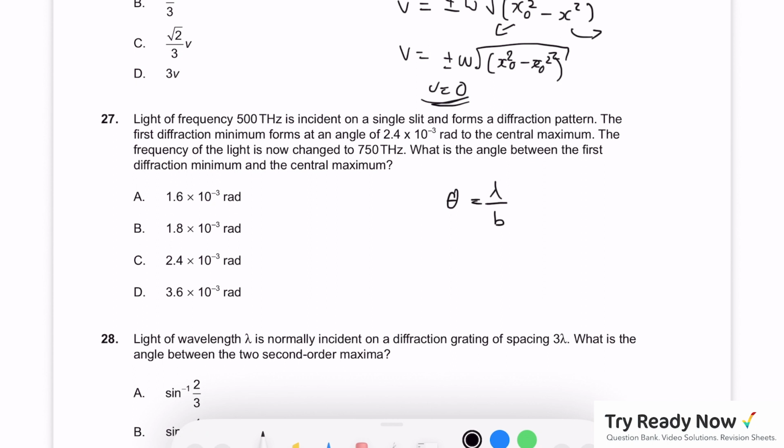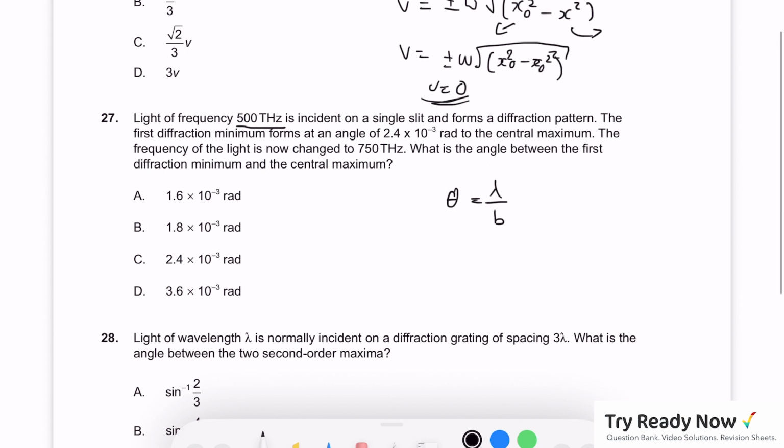Question 27 is a single slit diffraction question. Initially, light with frequency 500 terahertz is incident on a single slit, and they tell you that the first diffraction forms at an angle of 2.4 times 10 to the power of minus 3 radians.